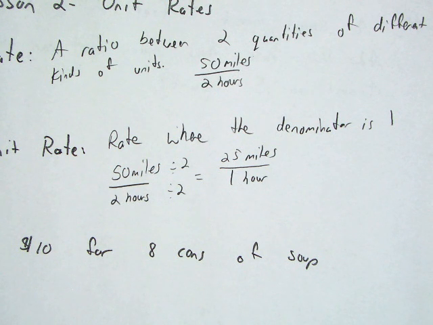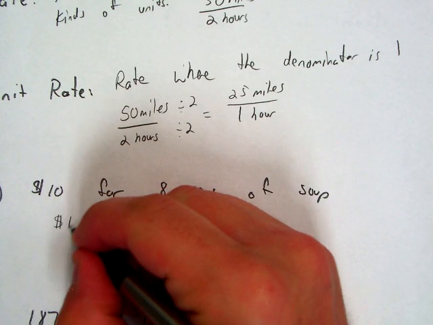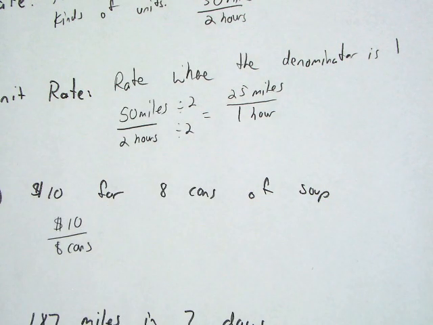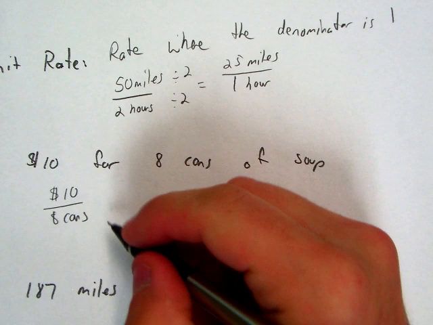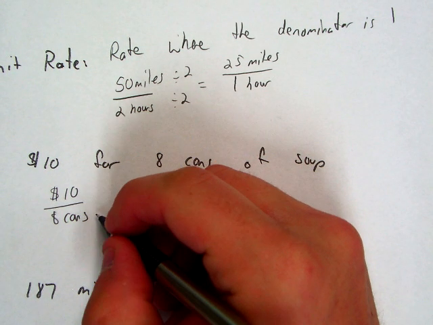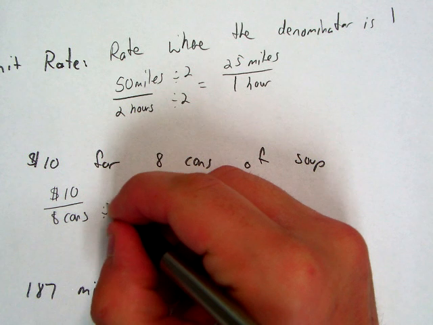So let's look at some examples. Example 1, I have $10 for 8 cans of soup. So I have $10 for 8 cans. I want to figure out what it would be for 1 can. So I divide both the numerator and the denominator by the denominator, which is 8.